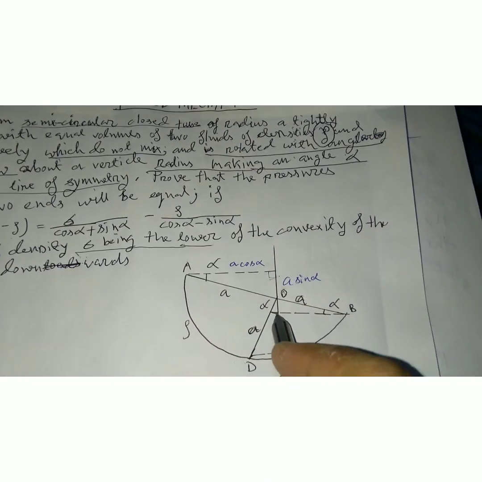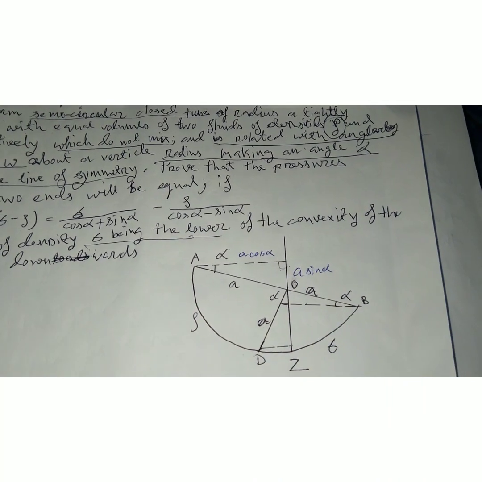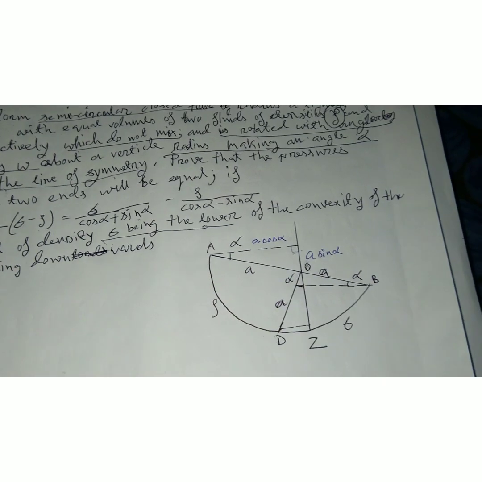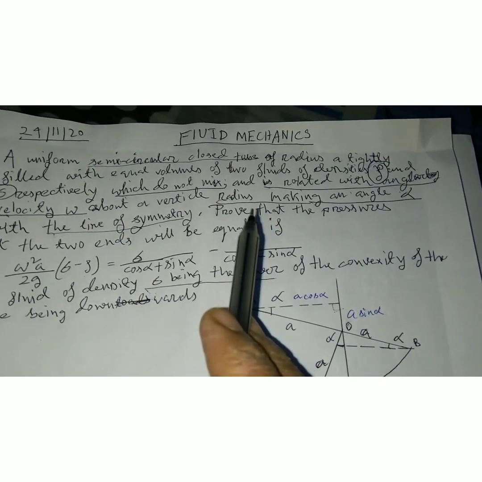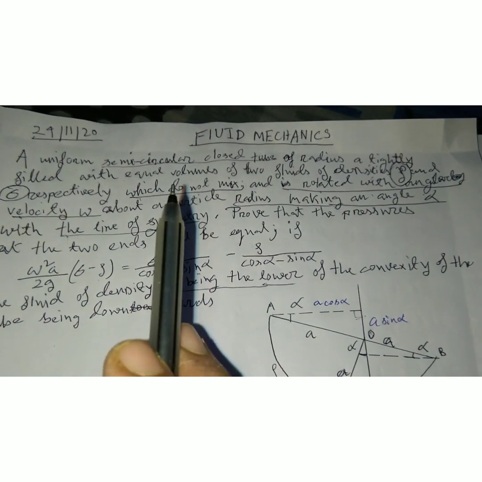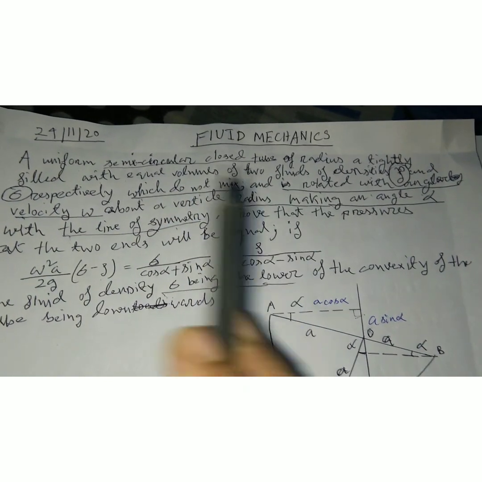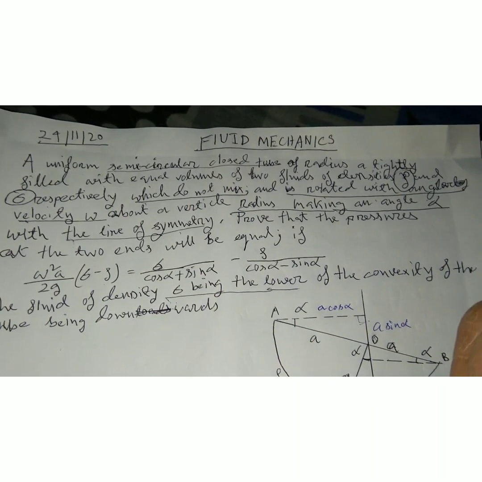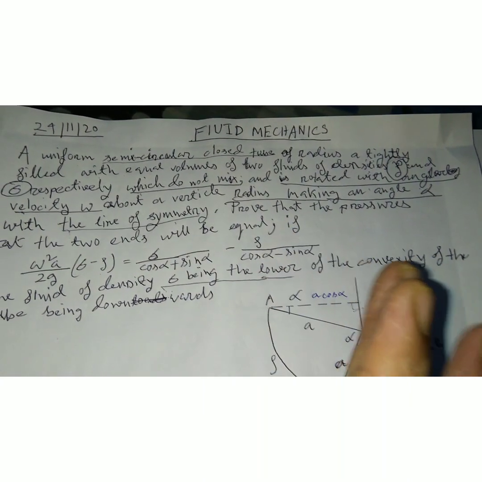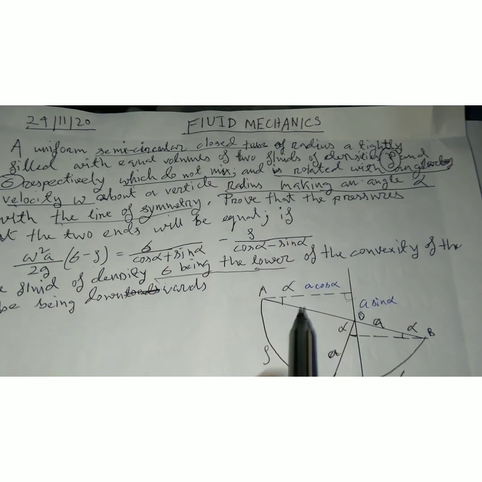I have already drawn this figure before solving this problem, according to the question. At first you have to read the question carefully. When you want to solve it, you must read carefully, and everything is described in the question. So according to the question, I draw a semicircle and an axis OZ.